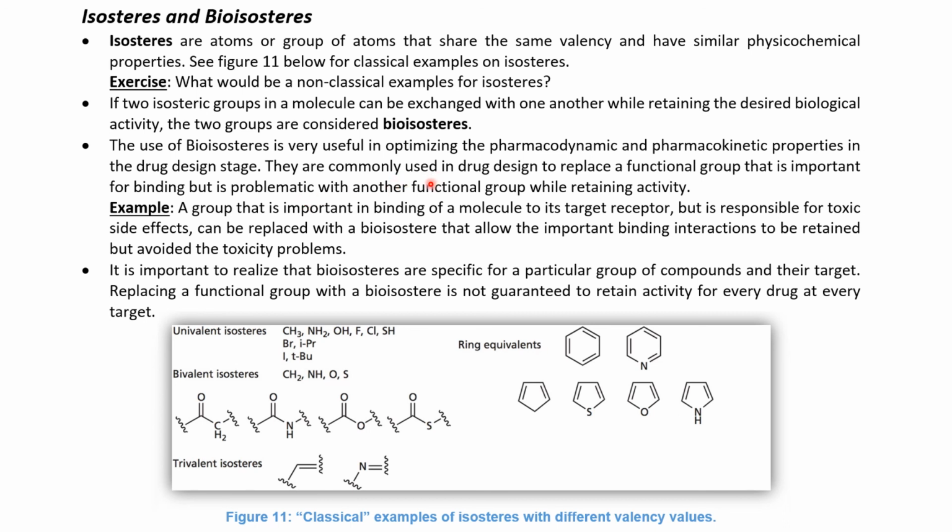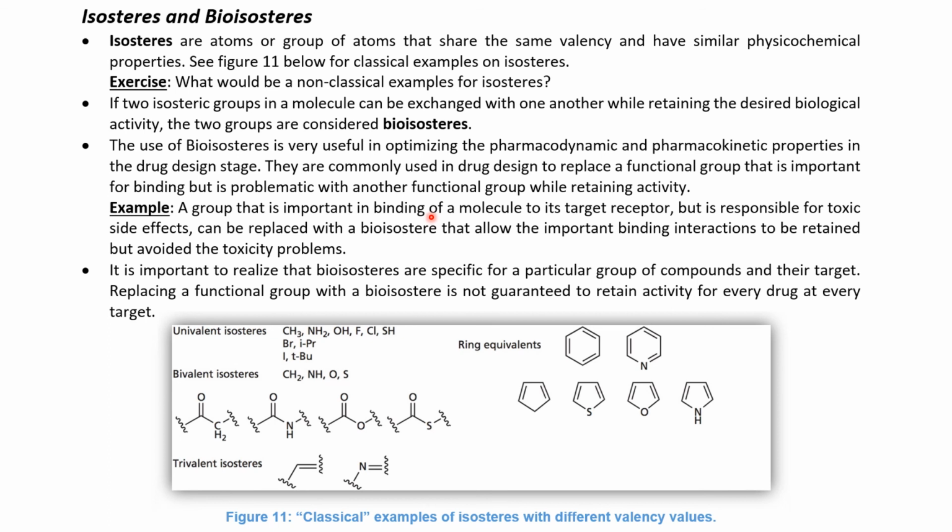Because if we have a drug that, for example, has a functional group that is important in binding to its target receptor, but this functional group is also problematic, it's responsible for some toxicity, then we could look for the isosteres for that group and try to substitute that group with its isosteres, and then hopefully find another group that would still retain the ability to bind to the target receptor, but would not have the toxic effects.